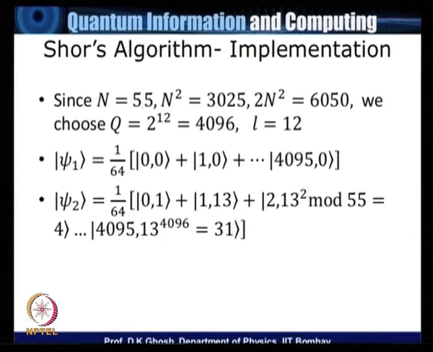The oracle computes m to the power a for various values, for example, m to the power 1, m to the power 2, etc., and puts the value in the second register. There is a slight bit of an error in the last one. It should be 13 to the power 4095 because it starts with 0 and must end in 4095, and that number happens to be 32.